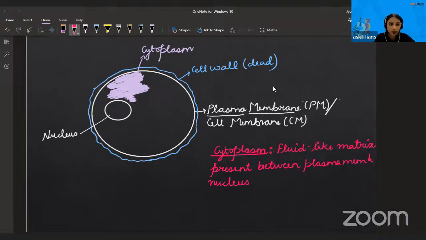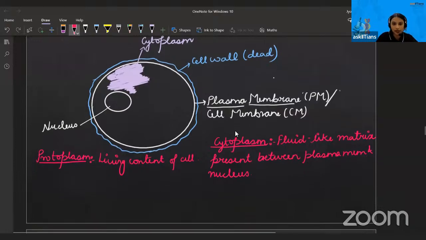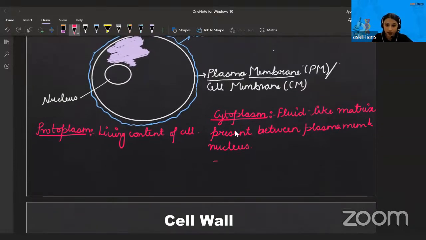Okay, if I talk about protoplasm, it is the living content of the cell. You are not getting it, na? Just wait. I will tell you how they are different. See, this cytoplasm includes all the cell organelles except your nucleus. Okay, here the nucleus is not involved.